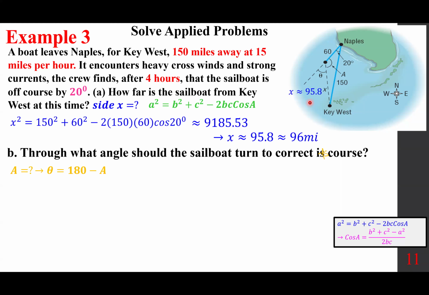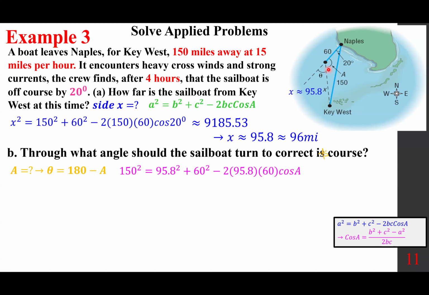So we are going to use the cosine law. We want to find this angle, so this one squared: 150 squared is this side squared plus this side squared, 95.8 squared plus 60 squared, minus 2 times the product of these two numbers, 95.8 and 60, and cosine A.